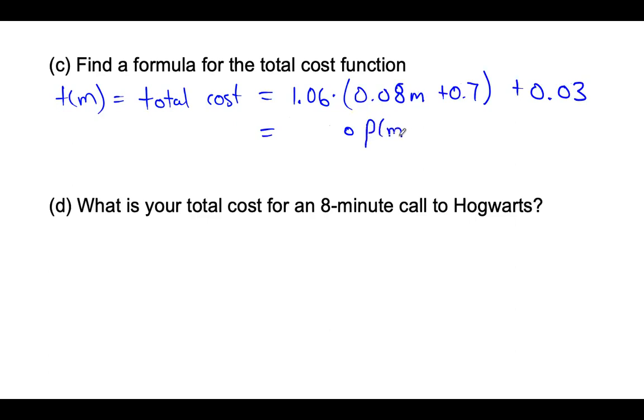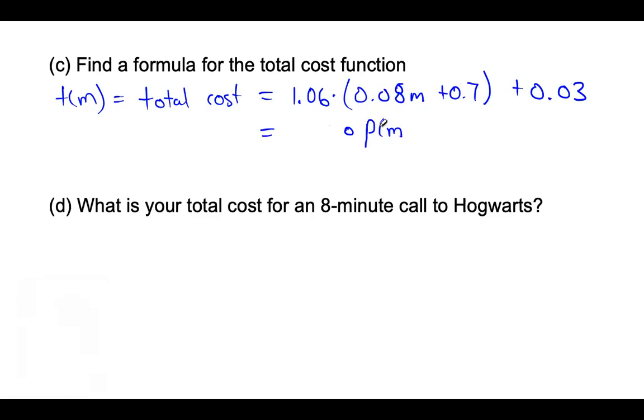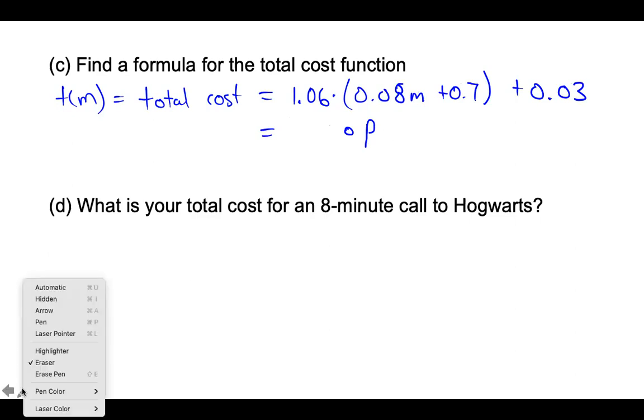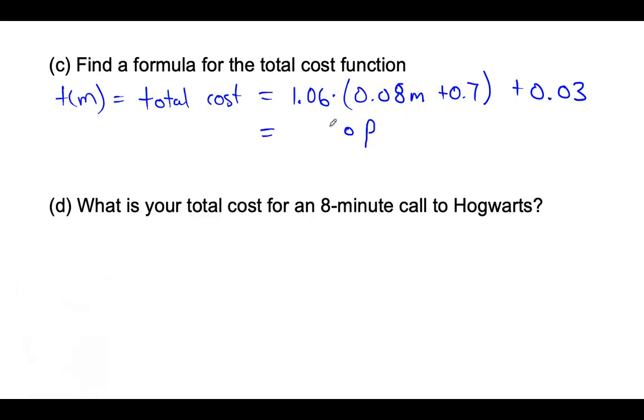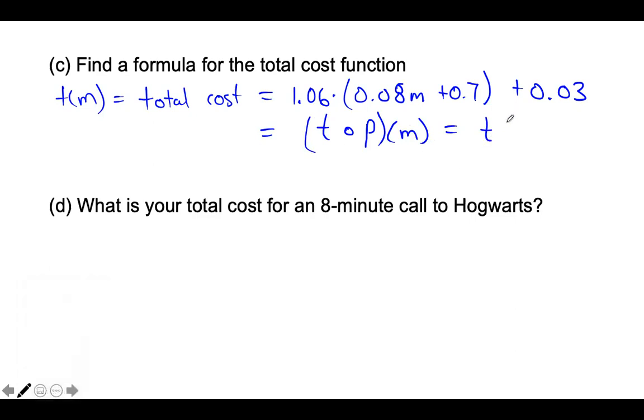as a function of m, or let me rewrite it a few different ways. T composite with P of our minutes, which is the equivalent of saying T of P of m, writing it this way.